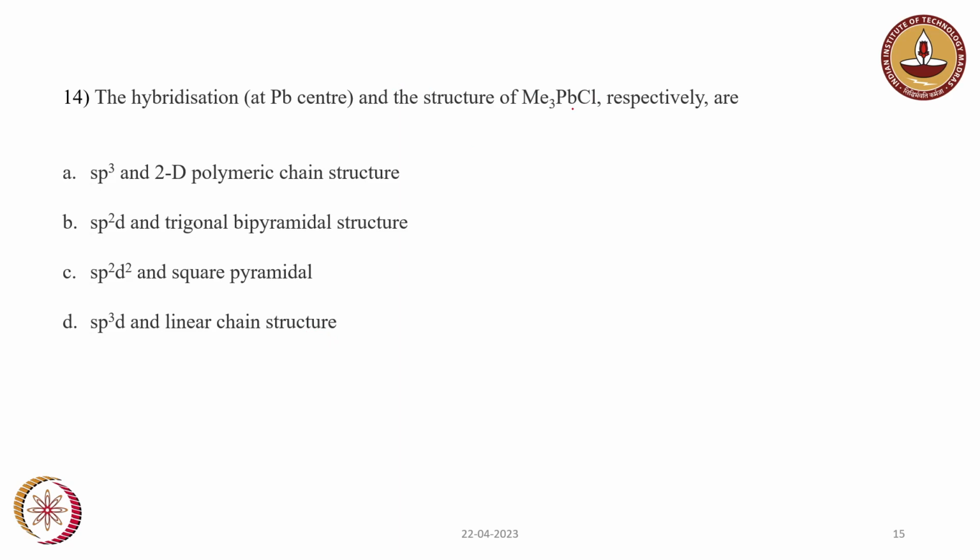So Me3PbCl has a linear chain structure.